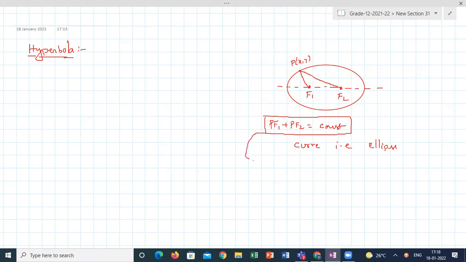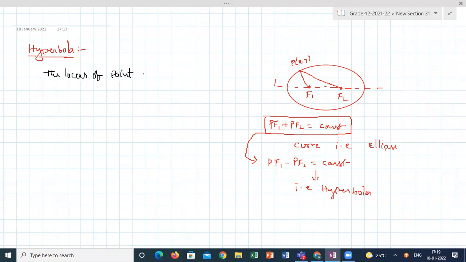In the same way, PF1 minus PF2 is constant. What are all the points I am getting? That is a hyperbola. Now anyone can define, with respect to this equation, the definition of hyperbola, students? The locus of points such that the difference of the distances from two fixed points is a constant. Correct.